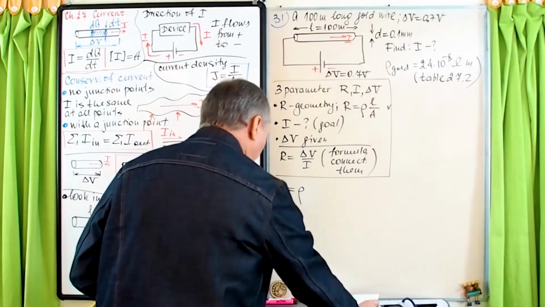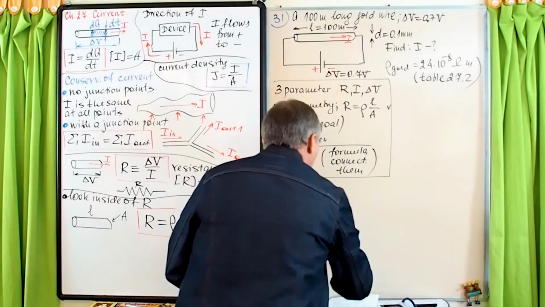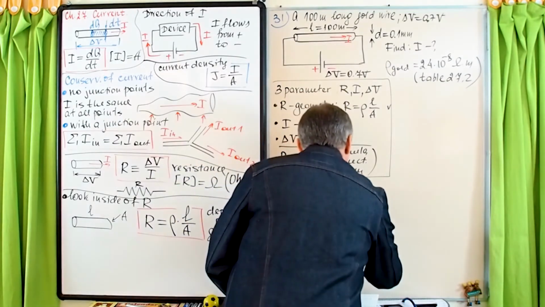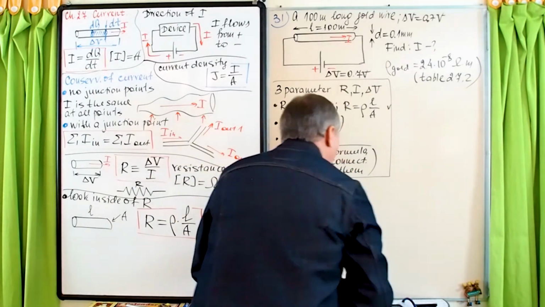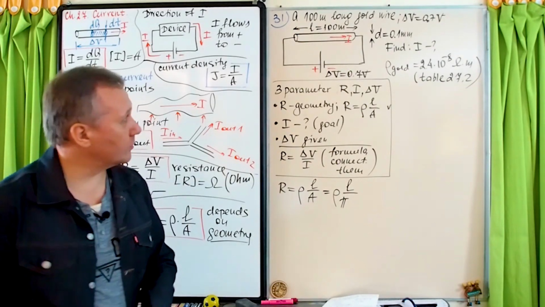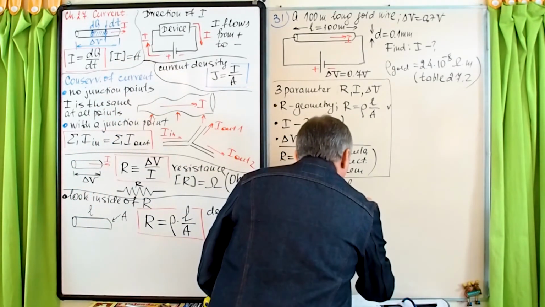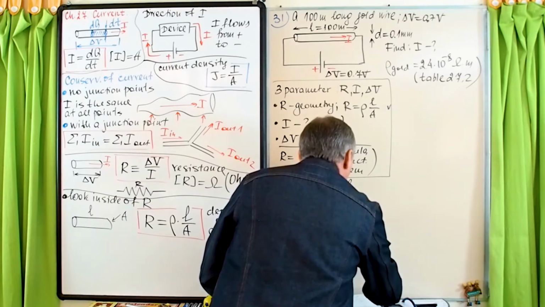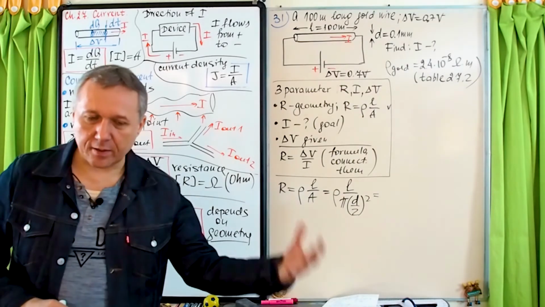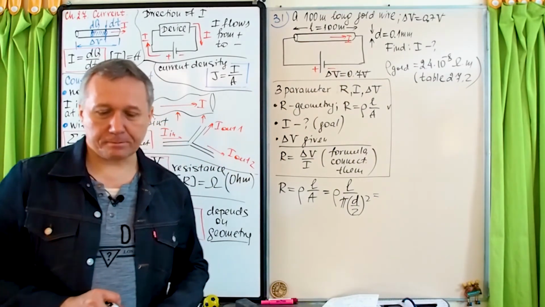So R equals rho L over A, and A is the cross-sectional area. At this point, some students make very silly mistakes. Of course, it's pi r squared because the cross-section is circular, so pi times d over 2 squared. Plenty of mistakes happen with these simple formulas: area of a circle, circumference, volume of a sphere, surface of a sphere.